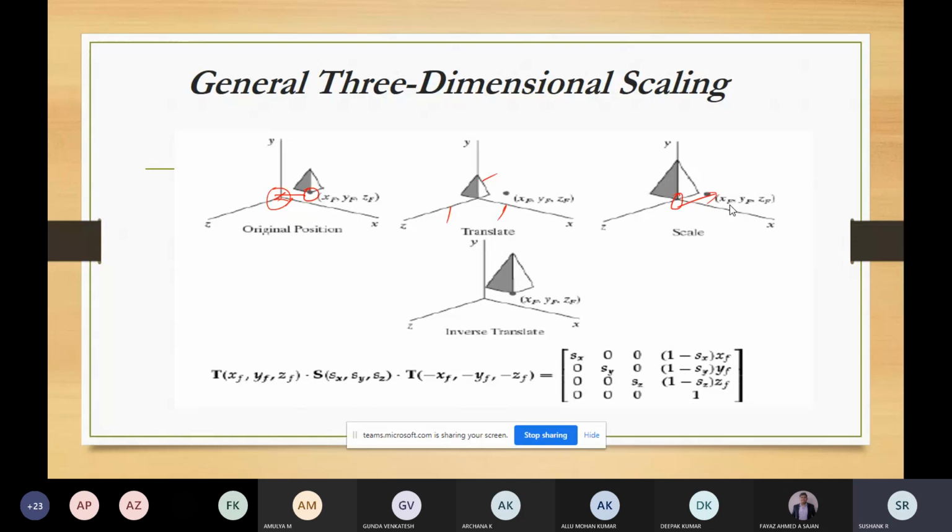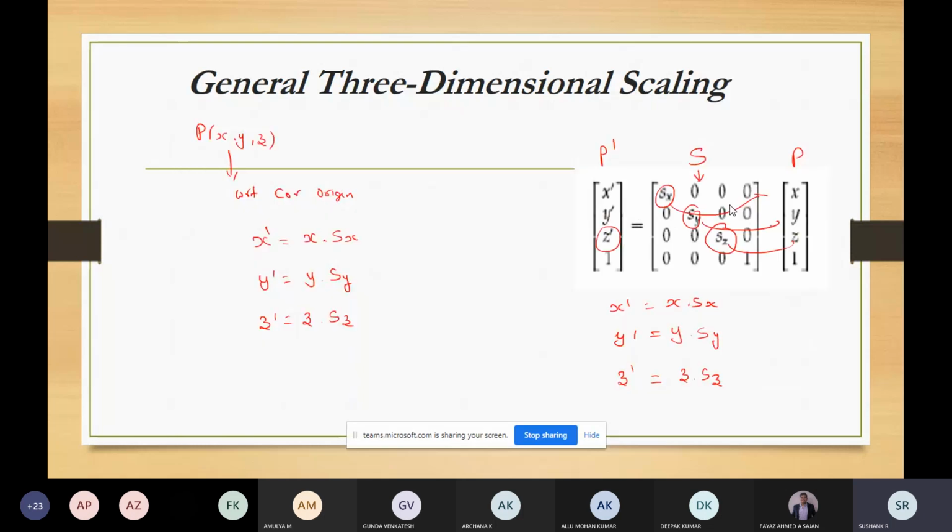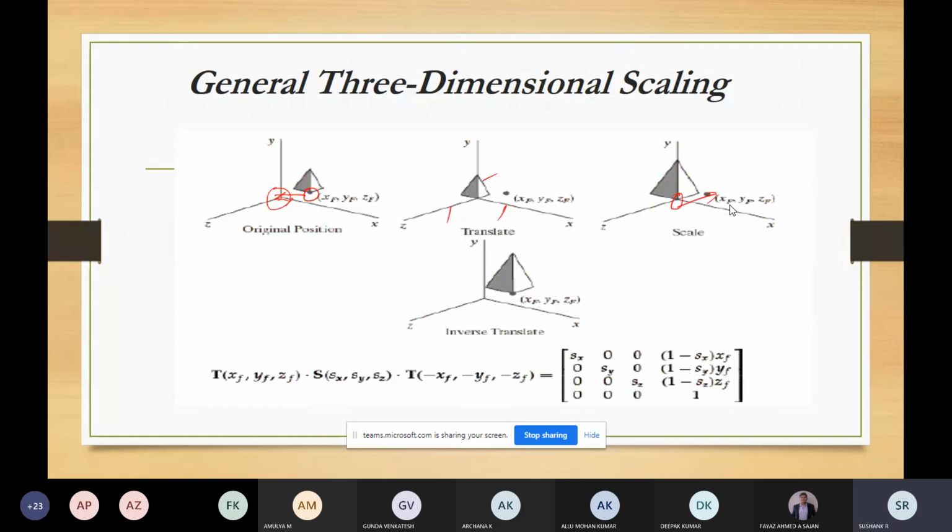Translate the fixed point to the origin. Apply the scaling transformation with respect to the coordinate origin, scaling along x-axis, scaling along y-axis, and scaling along z-axis, using the scaling transformation matrix. After that, move the object back to the original position.